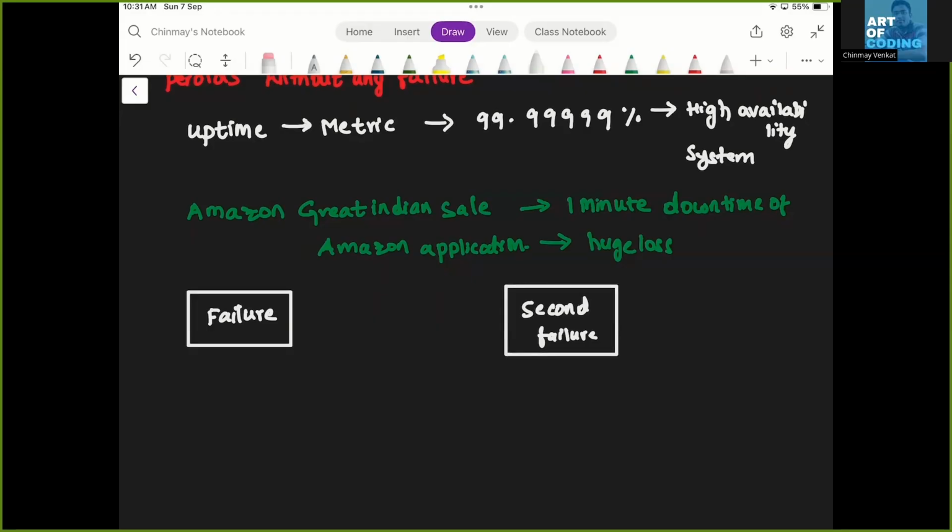For example, if you have an application, with horizontal scaling or whatever it may be, and there is some failure in one of the servers in that application, it will be considered the first failure. Later, after some time, a second failure will happen. Then how can we measure the availability of the system between these two failures? Let us see.